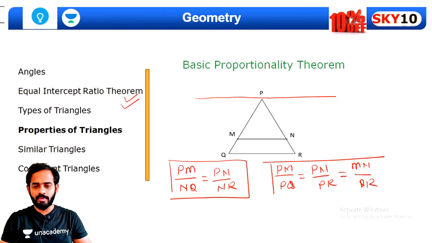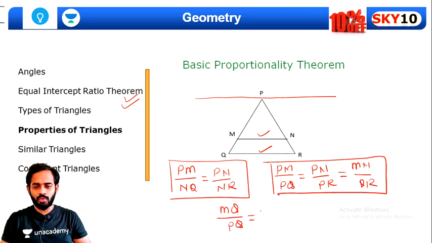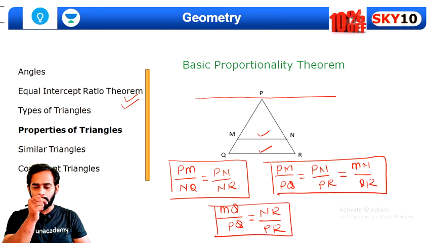So you have to remember this. MN is this length, QR is this length. Okay. Similarly, MQ upon PQ will be equal to NR upon PR. Okay. So these are the three rules you need to understand for basic proportionality theorem in terms of triangles.